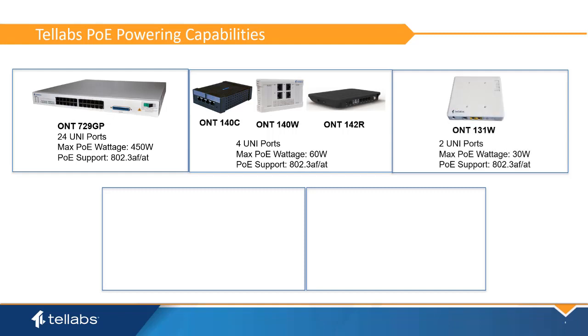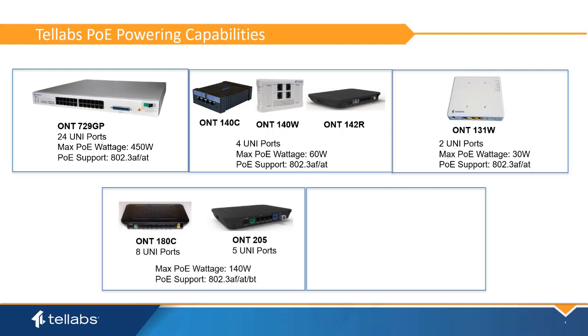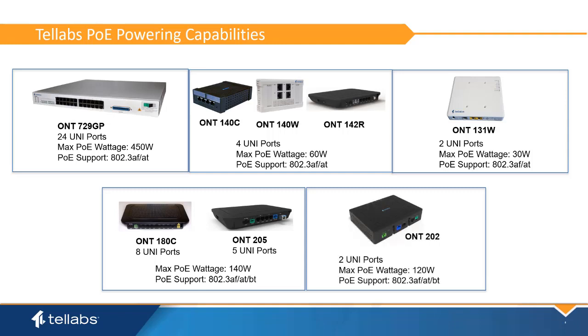The ONT 131W provides 30 watts of PoE power across 2 ports and supports Type 1 and 2. The ONT 180C and ONT 205 both support a maximum of 140 watts of PoE. They support Type 1, 2, and 3 PoE. And the ONT 202 supports a maximum of 120 watts of PoE. It also supports Types 1, 2, and 3 PoE.